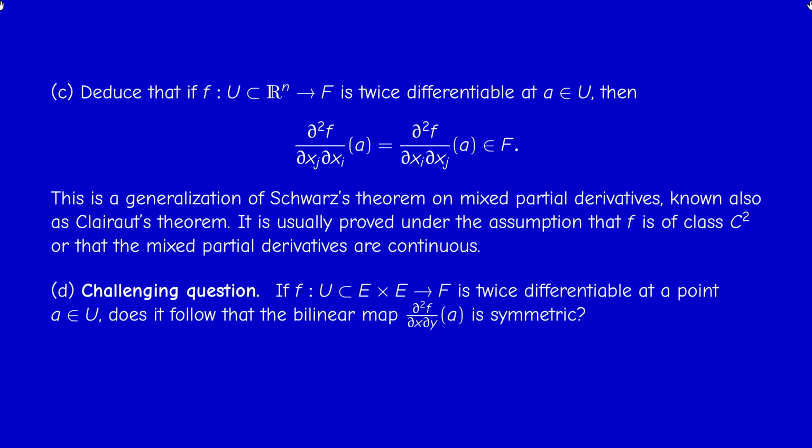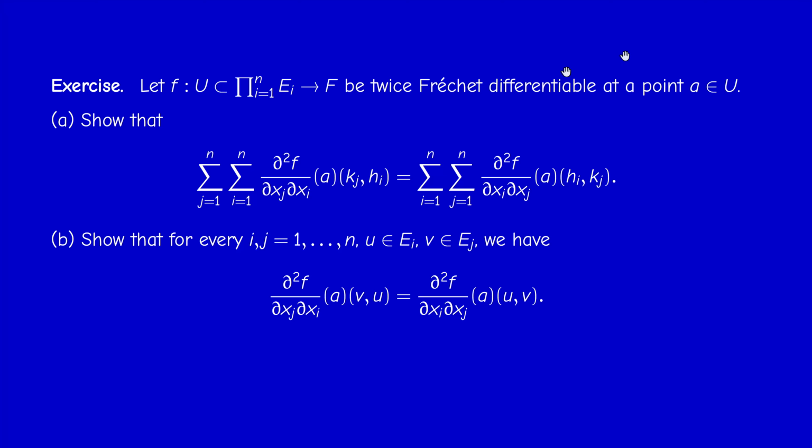And there's a challenging question actually. Is the mixed partial derivative usually symmetric in general? Note that if this is symmetric, then I can interchange u and v, and I get the same argument uv here, and therefore the mixed partial derivatives are equal. Conversely, if the mixed partial derivatives are equal, then each one of them is symmetric.